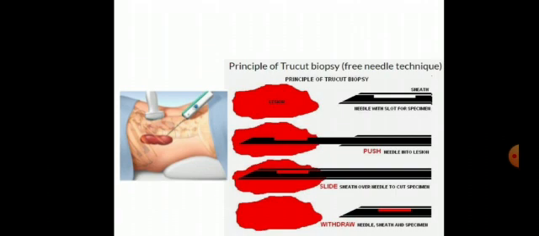First only the needle is pushed into the lesion, and after that the seat is slid over the needle to cut the specimen, so that the thin core of the specimen from the lesion will get entrapped, and gradually the needle with seat and the trapped core of the specimen is withdrawn.